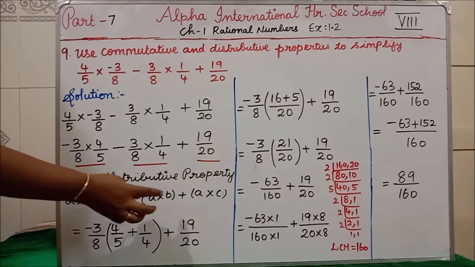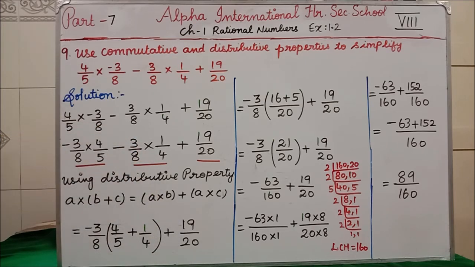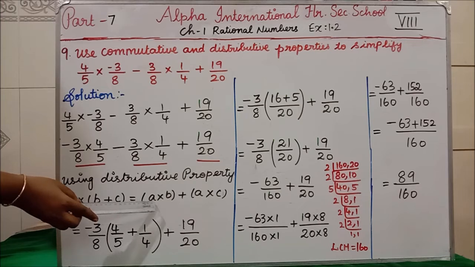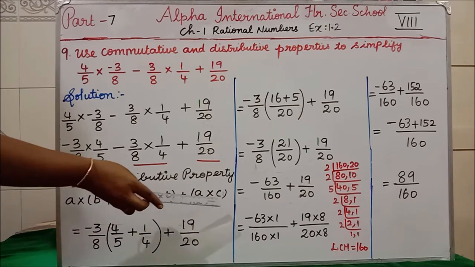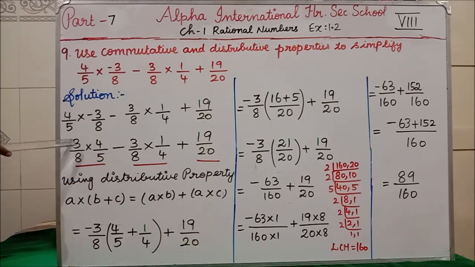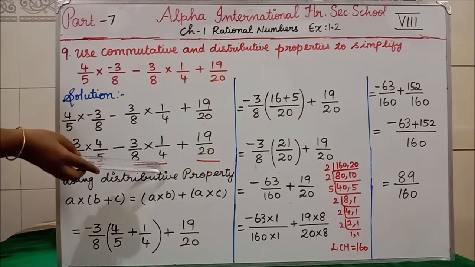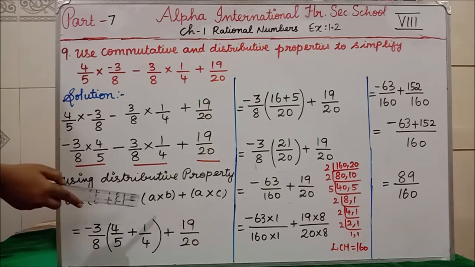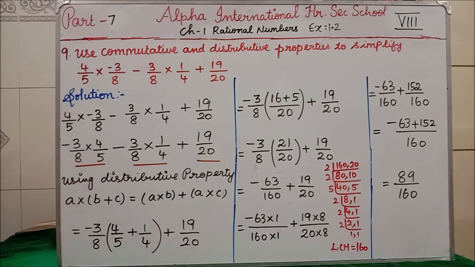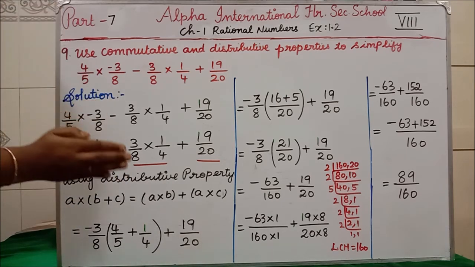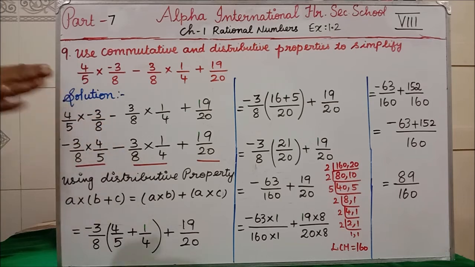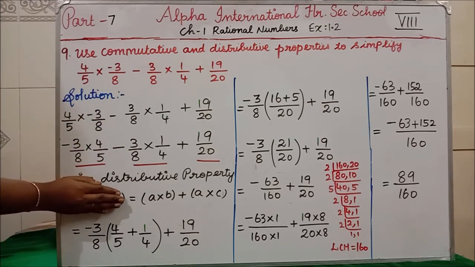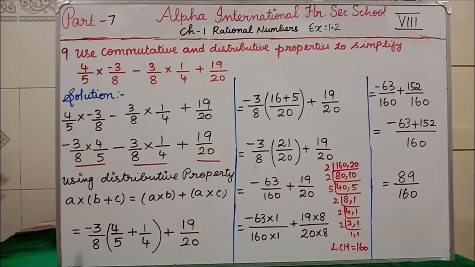Here is A into B, similarly here A into C. Here minus 3/8 into 4/5, and minus 3/8 into 1/4. Here also minus 3/8, here also minus 3/8. Here A, here also A. So the right hand side portion is given in the question, so it is enough if you write the left hand side part alone.